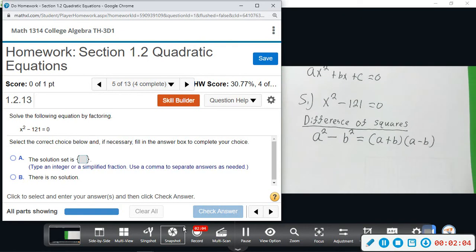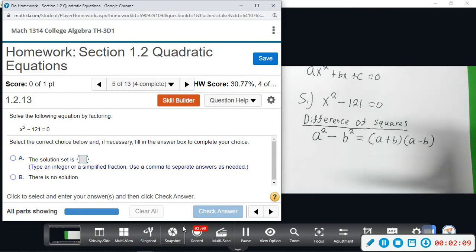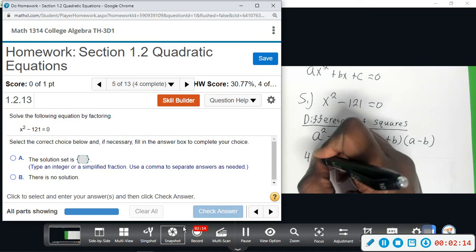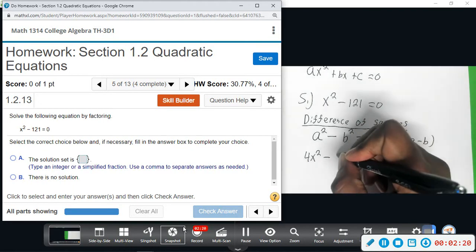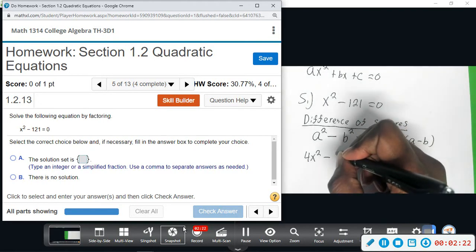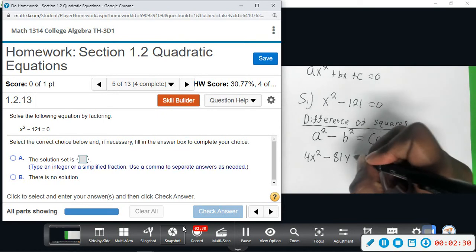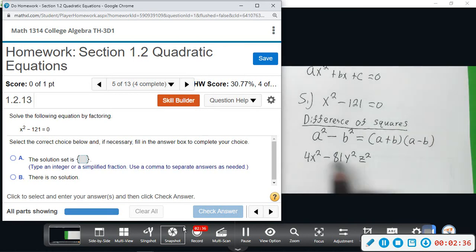The nice thing about this formula is it works even if you had multiple things here. Let me give you an example. If I had 4x squared minus 81 y squared z squared, even though I have more than just one thing, that same formula holds.